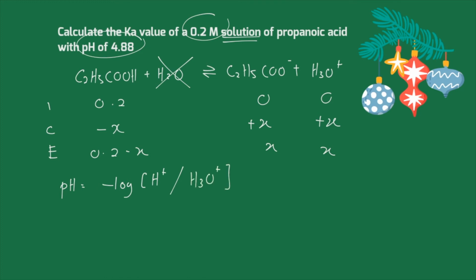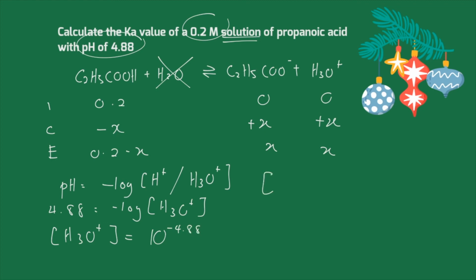So given to you is the pH 4.88, negative log H3O+ for this case. So you can get your concentration of H3O+ is equivalent to 10 to the power of negative 4.88.